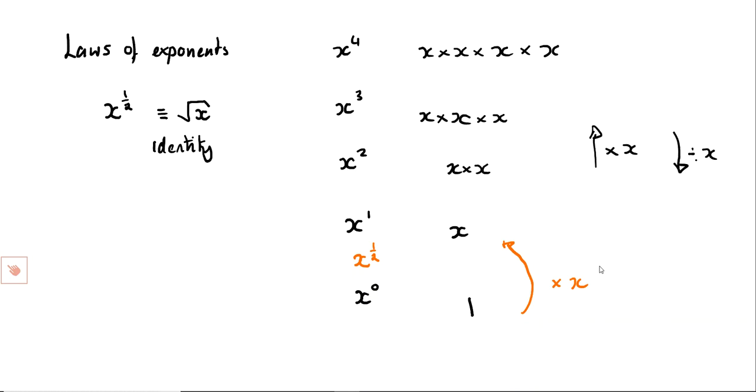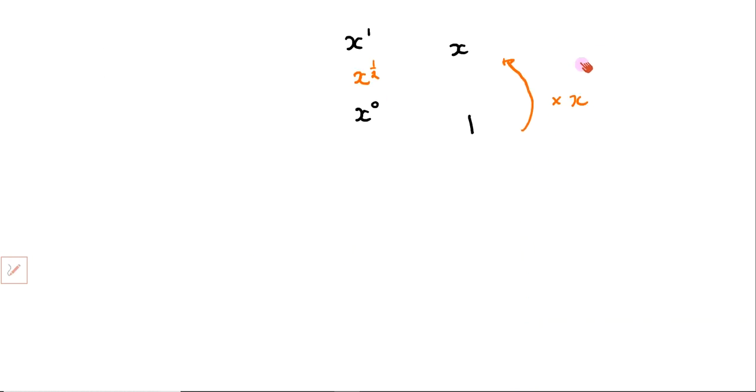Now, this is where maybe putting numbers in is going to help me think about that situation. So let's go with what Sam said to start with. I'm going to look at 4 to the power of 0 and 4 to the power of 1. How do you get there? Multiply by 4.